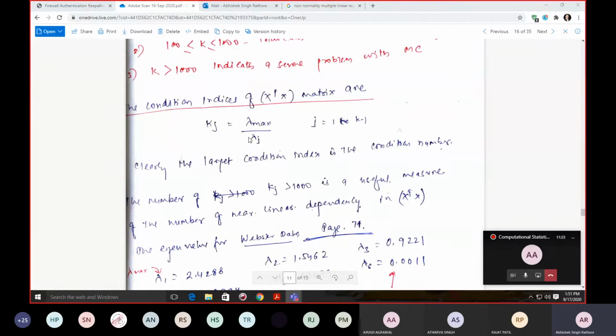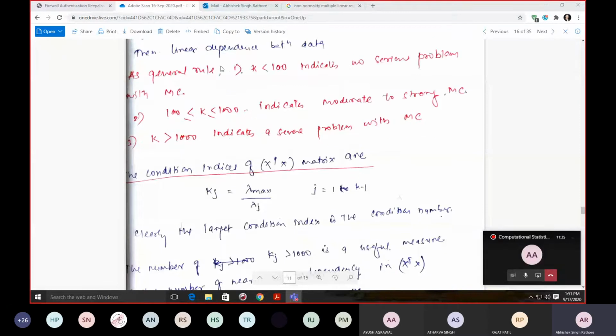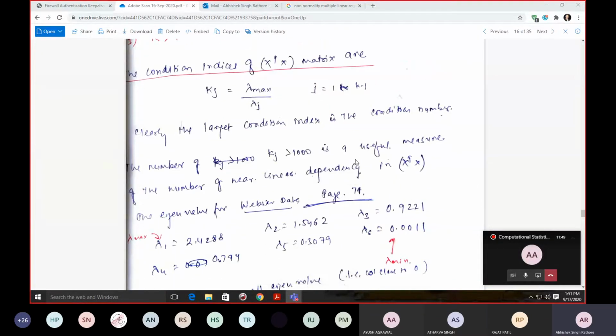So we will check it by lambda j. It signifies the eigenvalue associated with your jth attribute or jth column. So again we check all these values in this table. If its value is greater than 1000, we can say that there is a strong correlation, or that multicollinearity is present.